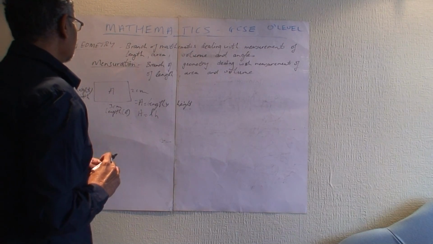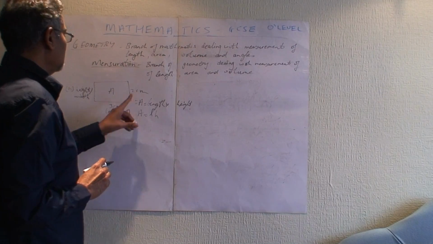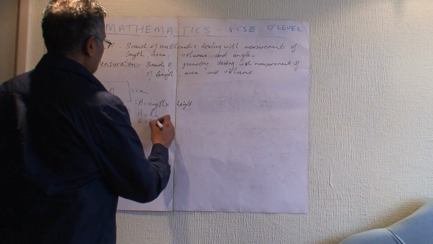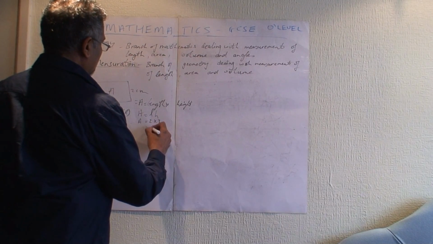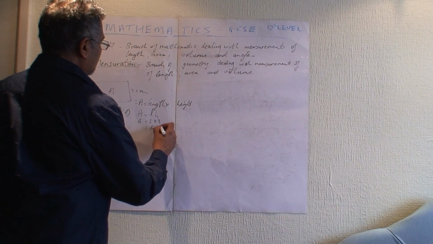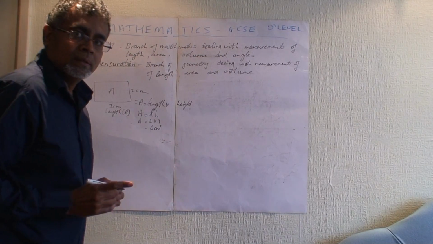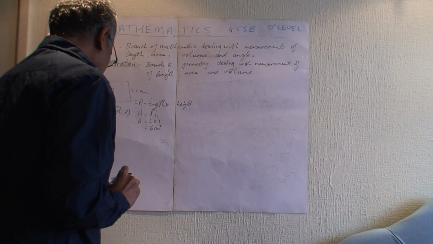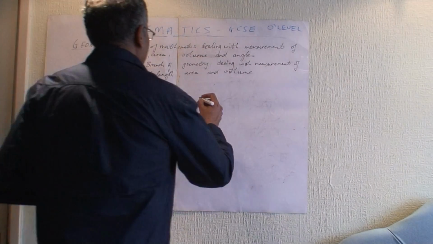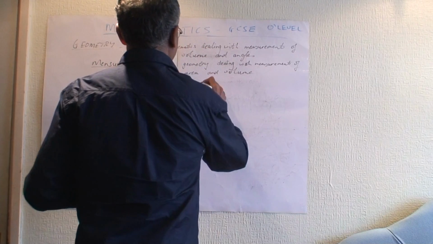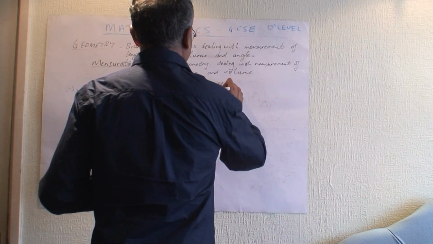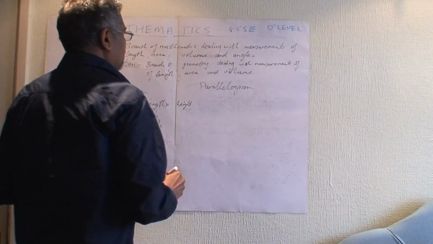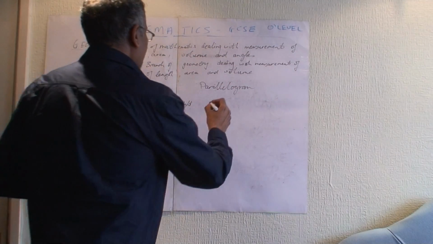If you give it values, 2 centimeters by 3 centimeters, the area would be 2 cm multiplied by 3 cm, which is 6 cm squared. If we have a parallelogram, we dealt with parallelograms earlier on.